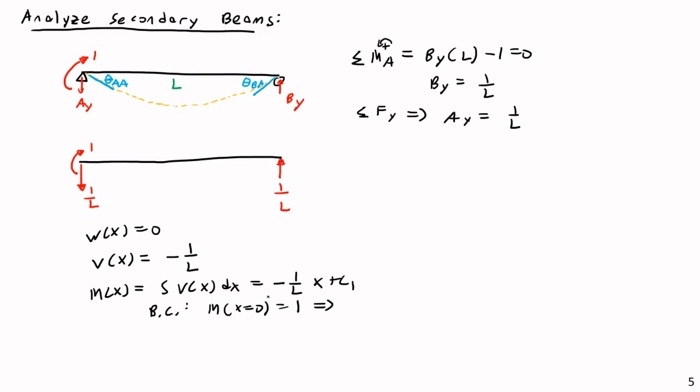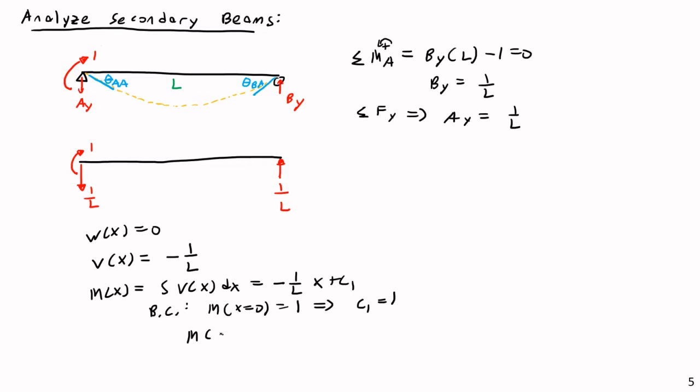So I know that the moment at x equals 0 is not 0, because we have this unit couple here, applied in the negative direction, so internally this is going to cause a positive jump in the bending moment inside the beam, equal and opposite forces, and all that. So M at x equals 0 is actually equal to 1, so if I were to plug this in, I would get that c1 is going to equal 1.